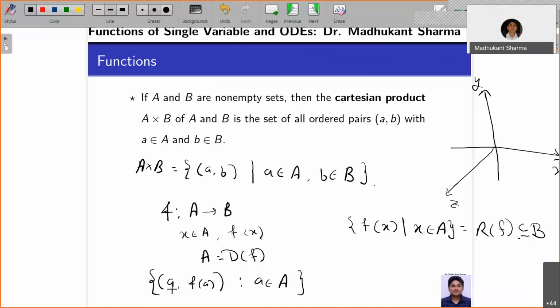This is a graph, A comma f of A. For each point you can plot on the xy plane, you will get a curve, and you will get the function definition. Geometrically, you will get a graph of it.